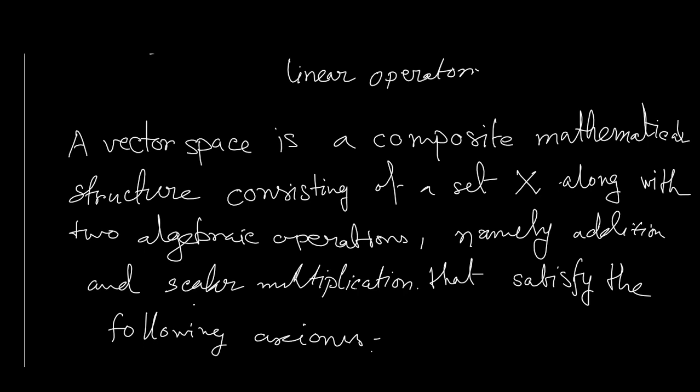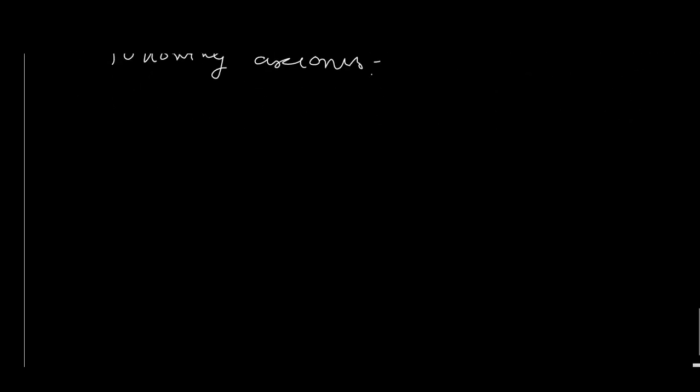What I am trying to make you understand is that a vector space is a composite mathematical structure consisting of a set X along with two algebraic operations, namely addition and scalar multiplication, that satisfy the following axioms. For writing axioms, on one side I will write the axioms related to addition, and on another side we will write the axioms related to scalar multiplication.